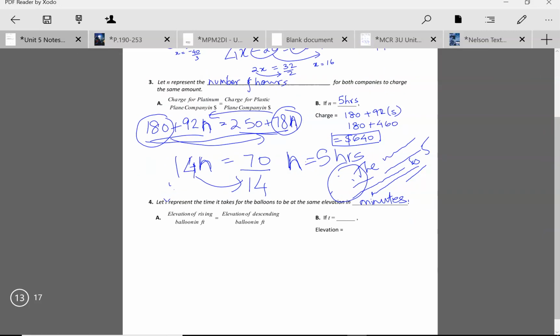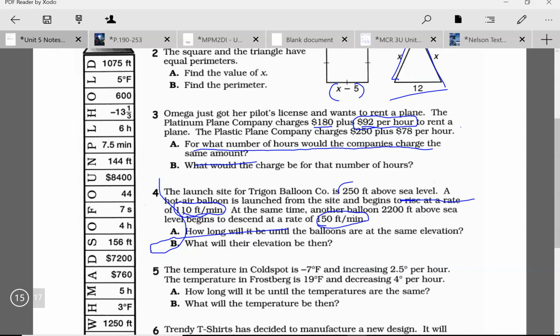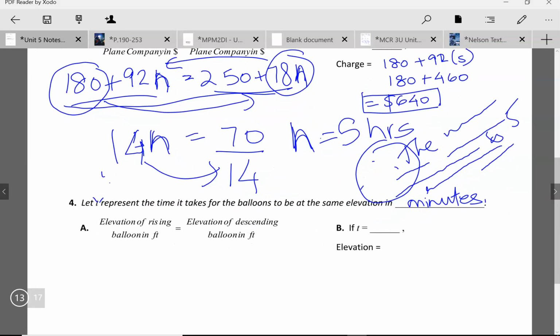So the elevation of a rising balloon in feet is going to start off at 250 and then it's going to rise at 110 feet per minute. So we're going to say 250 plus 110 times t, because 110 feet per minute times the number of minutes it's rising for.